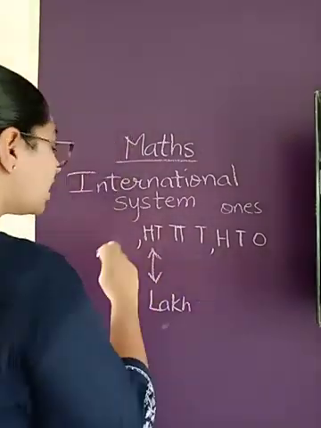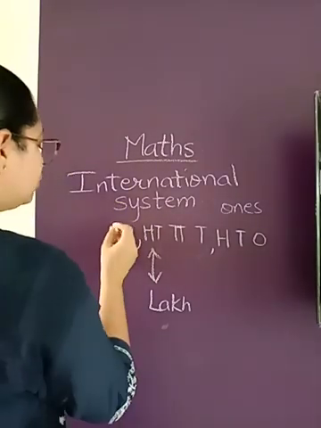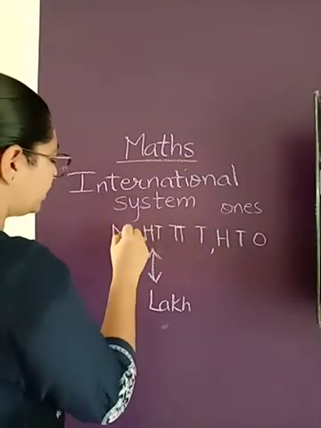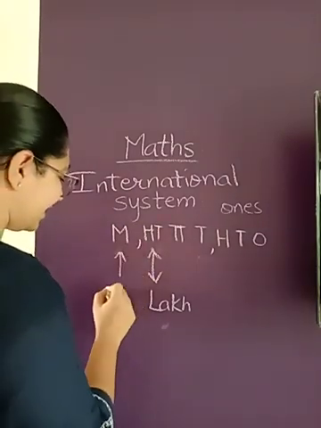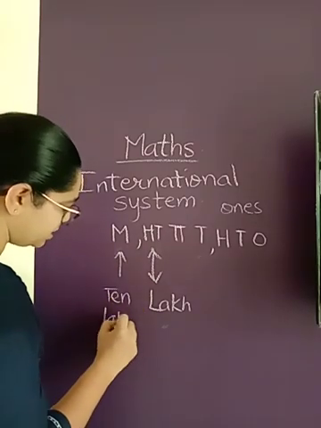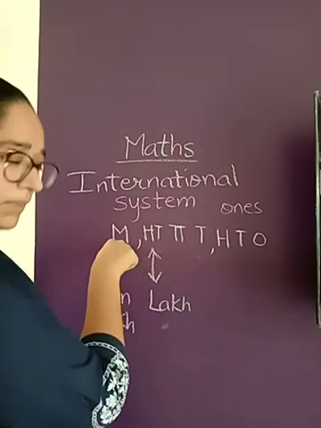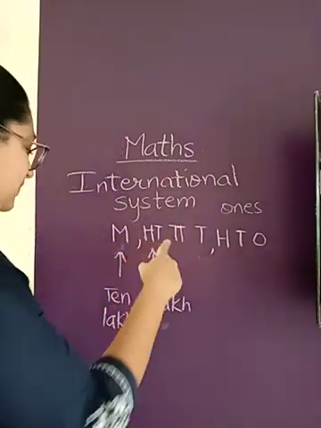Now further, what they do is they use million. What you have here is 10 lakh. So instead of 10 lakh, they are having million. Instead of lakh, they use 100,000.